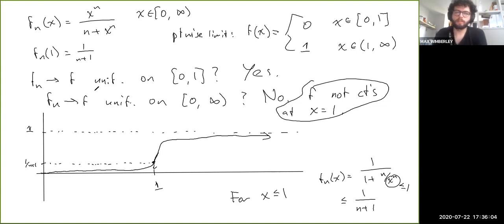So hopefully this is yet another thing where the goal, for everyone, should be to get comfortable enough with the concept of uniform convergence to be able to tell, just from visualizing a sequence of functions, whether or not you expect the convergence to be uniform.